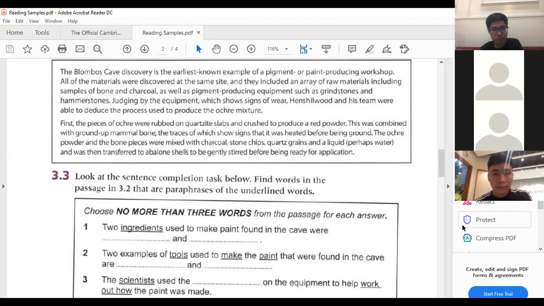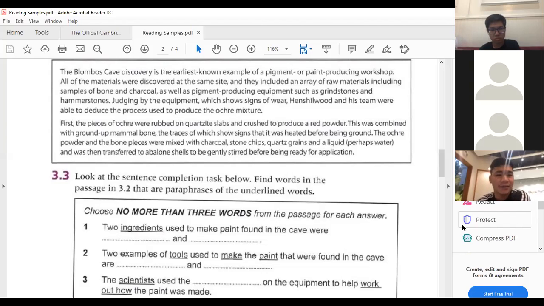Since scientist means Hans Wood and his team, work out how should be next to the same words as well. So Hans, able to. Able to means you can do something. Further, next to that, so were able to. Deduce, yes. So work out how is deduced in the sentence since they put the same thing close to one another.